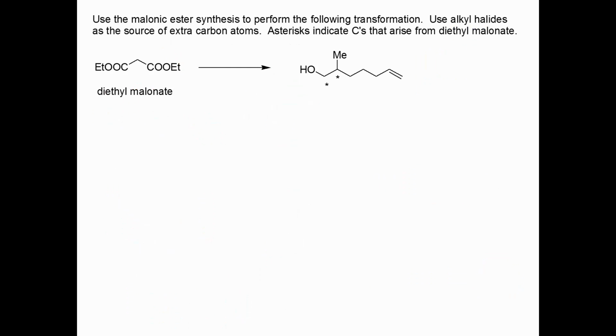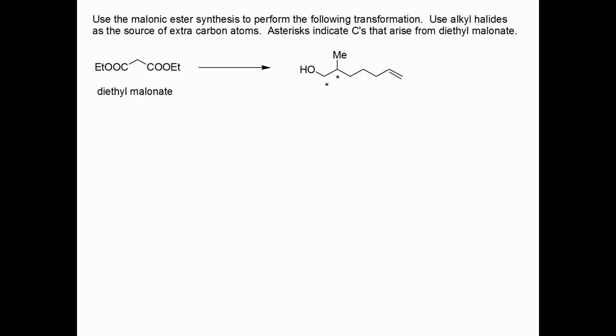Okay, this is a multi-step synthesis problem. This is a very common type of problem that you usually see on exams. Use the malonic ester synthesis to perform the following transformation. The malonic ester synthesis is central to everything here, but you'll recognize that the product is not a carboxylic acid.